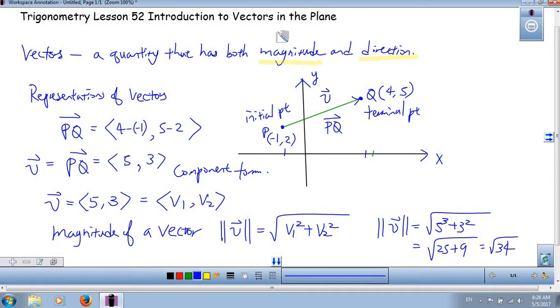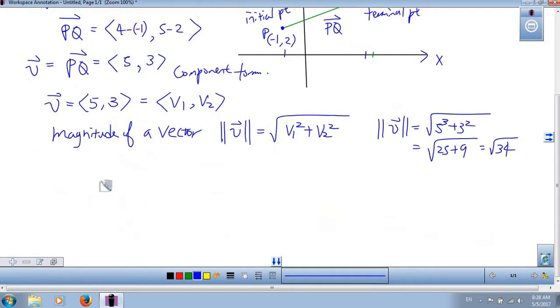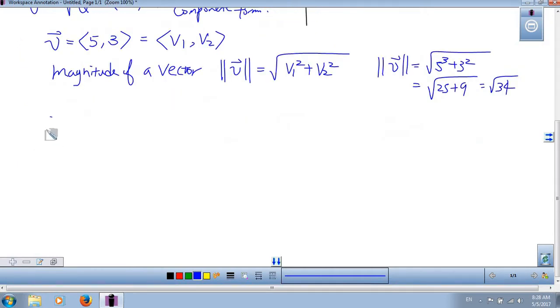Now, vectors can be anywhere on the coordinate plane, but we also have a standard position, and using component form we have a standard position. So let's talk about the standard position of a vector. What is the standard position of a vector?